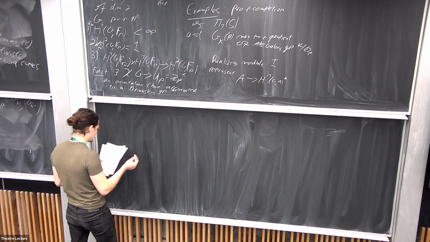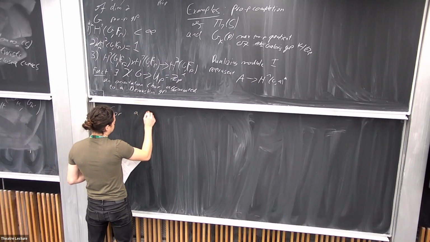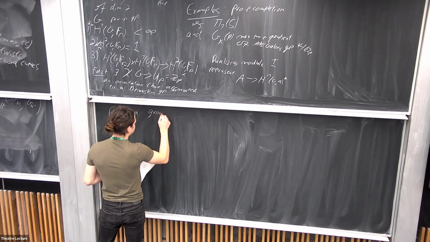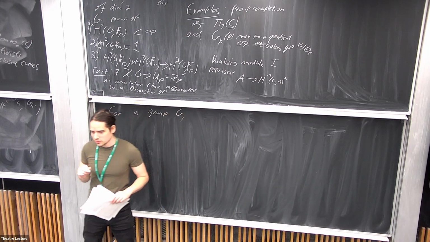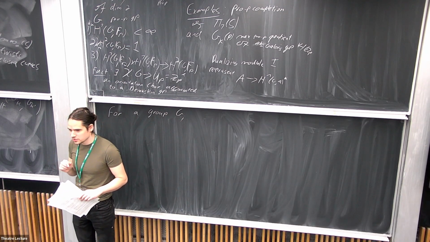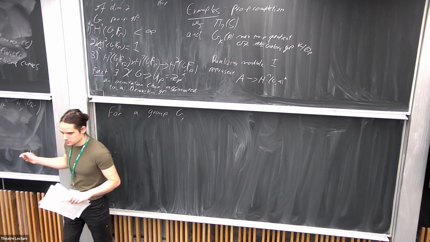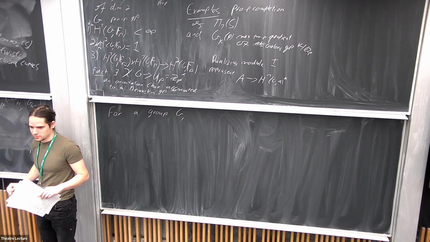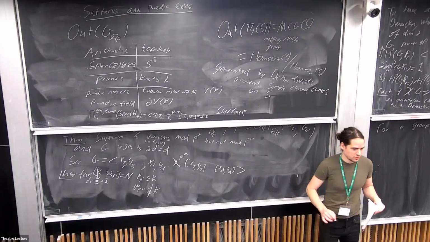This result is due to Demushkin for p not equal to 2, and then for p equal to 2 you have some similar result due to some other people. But yes, this result is Demushkin.